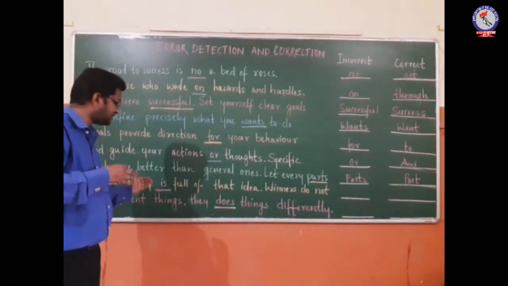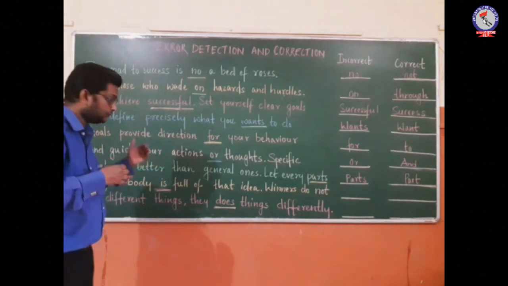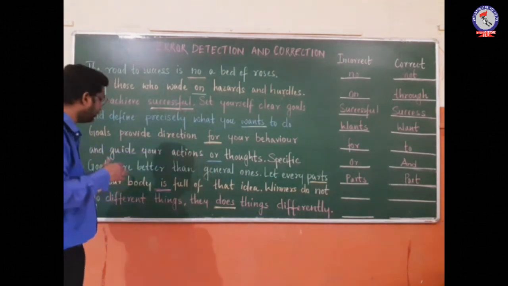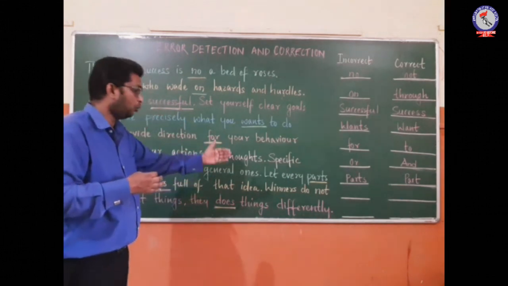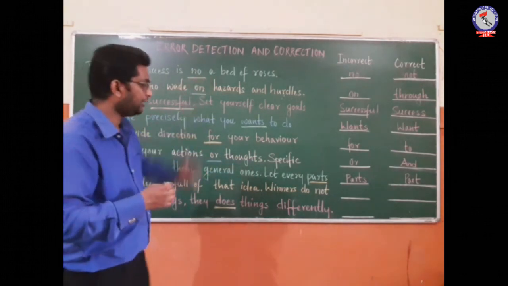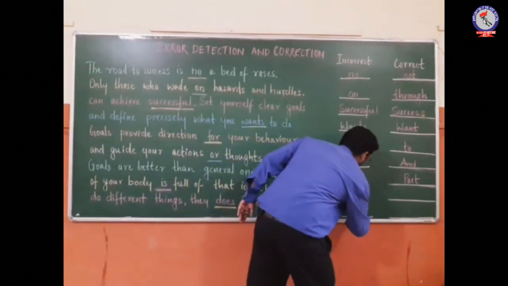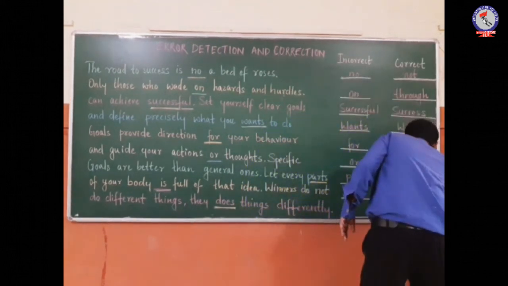To replace "is", we will use "be". Let every part of your body be full of that idea. So "is" is the incorrect word, and here "be" is the correct word.